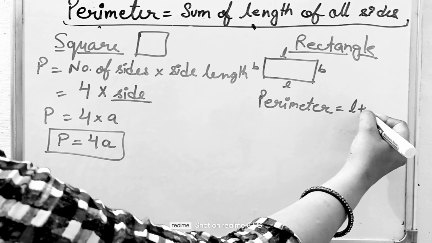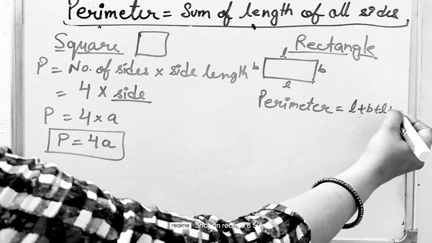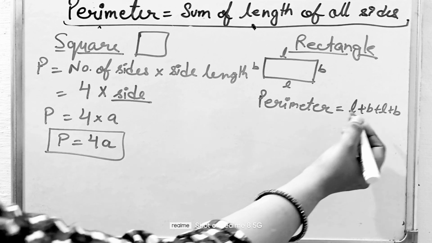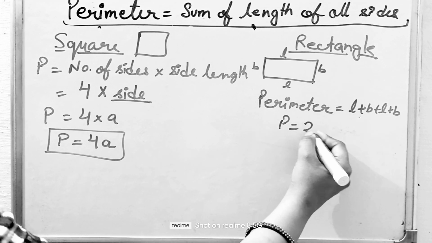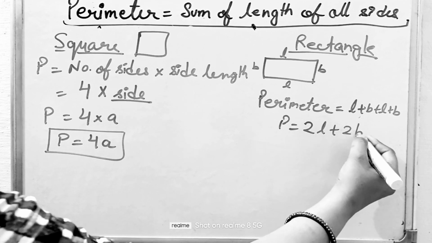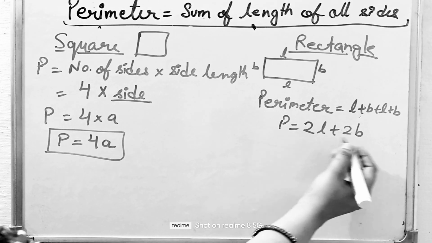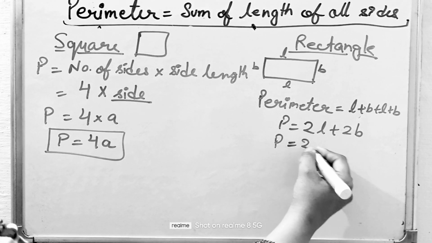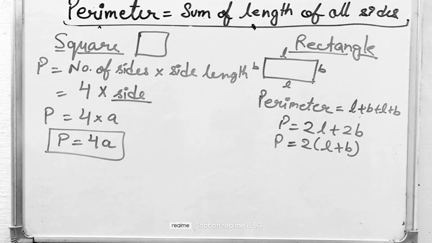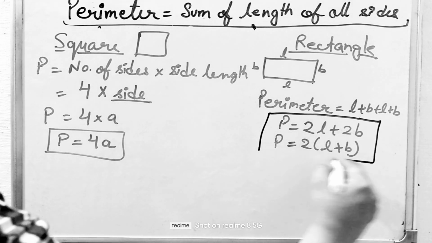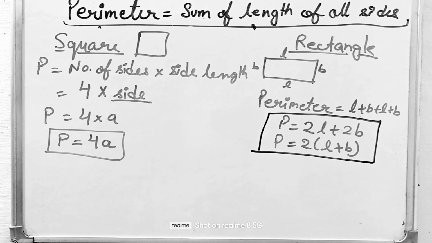So we will write L plus B plus L plus B. Now you can see there are 2L and 2B. So you can write 2L plus 2B. Now 2 can be taken as common and it will become 2 times L plus B. Right?